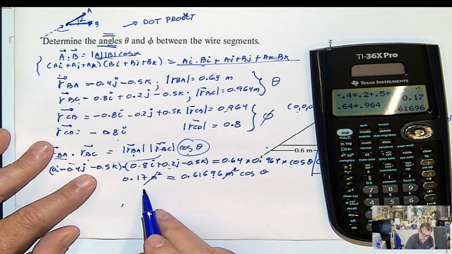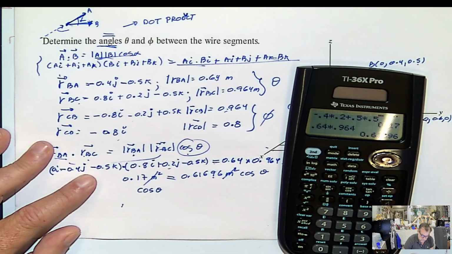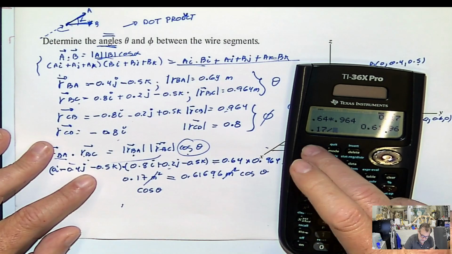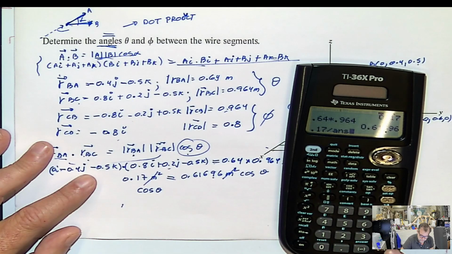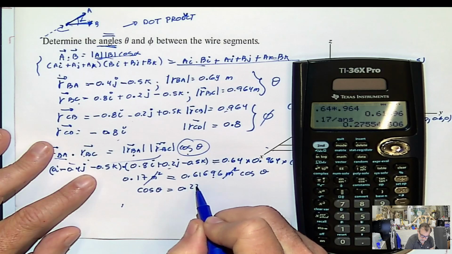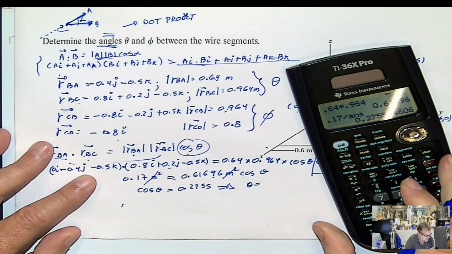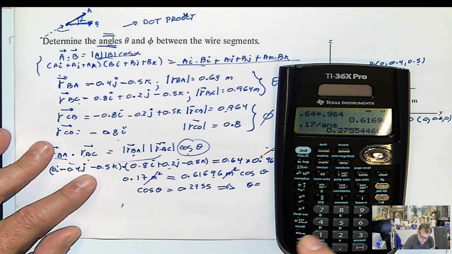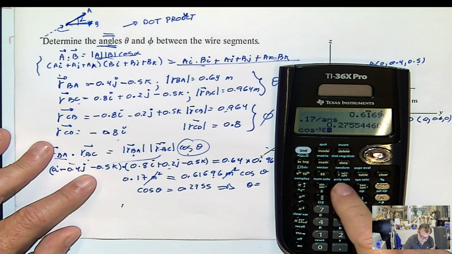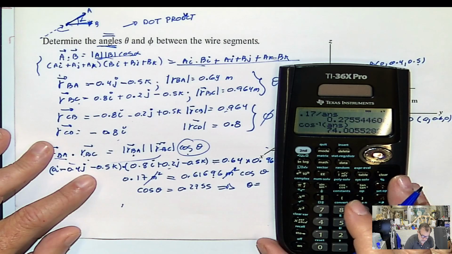When I pass this to the other side, I get that the cosine of the angle will be 0.17 divided by that value. That would be 0.2755, which means the angle will be the inverse cosine of that. That will be 74 degrees.